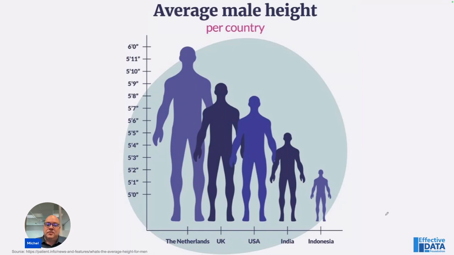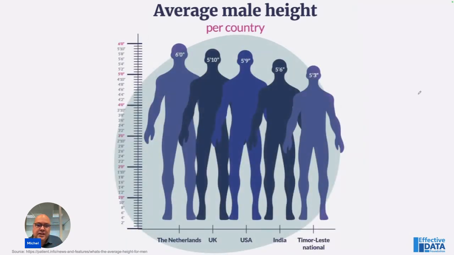This representation of data is very confusing. And I am even tempted to say this is lying with data. This is over-exaggerating the distances that are there. It almost feels like, wow, if you're from the Netherlands, you're way taller than somebody from the UK, you see? Well, it's not that bad. So let's correct this chart. And again, I didn't have to do that.